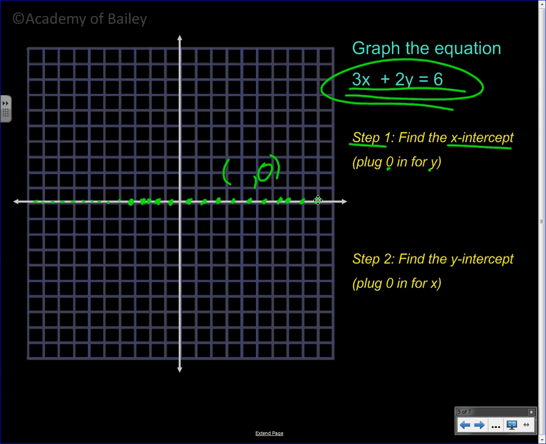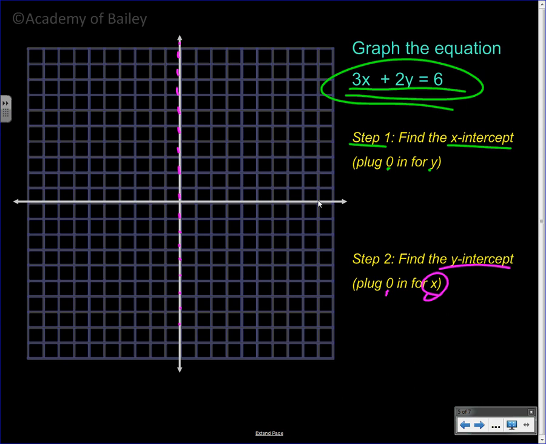All the y values are always going to be 0 when you're calculating an x-intercept. All those points that I have marked on there, the y value goes up and down 0. It doesn't go up and it doesn't go down. It stays where it's at. So that's why the y values are 0 for the x-intercept. And then in order to find the y-intercept, you just plug 0 in for x. And that's the same thing. Doesn't matter which point you choose here, that's going to be the y-intercept.